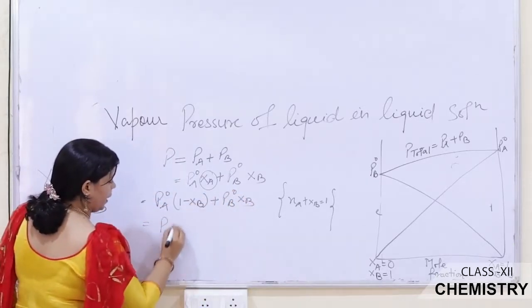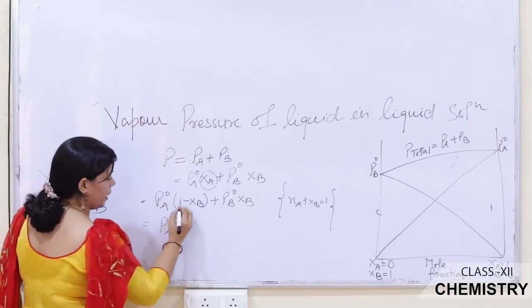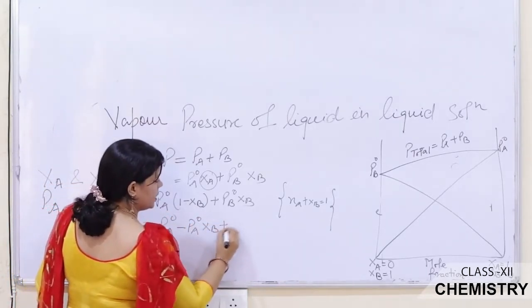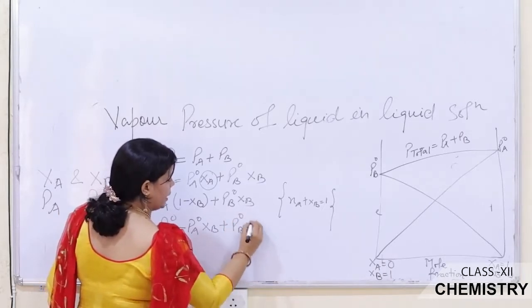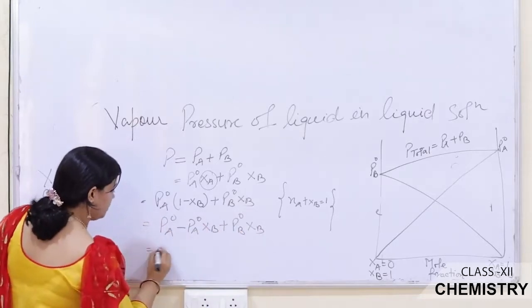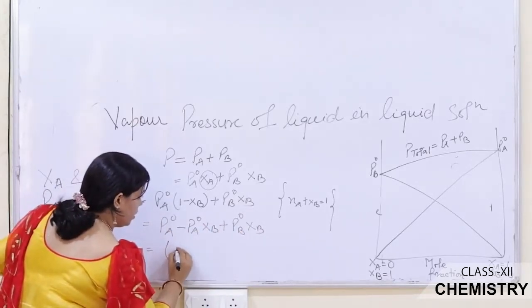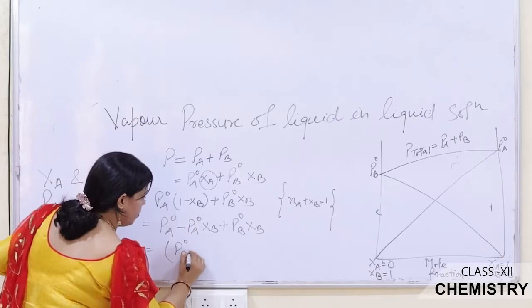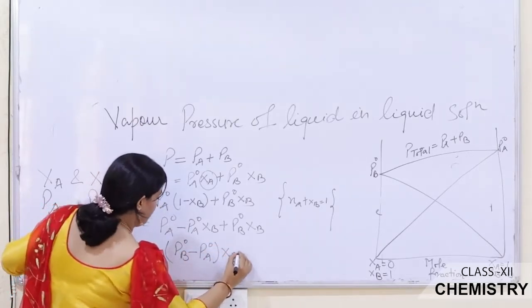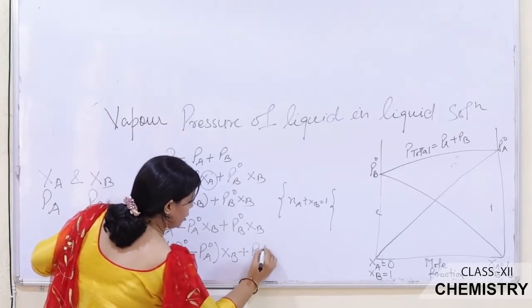Multiplying out, Pa naught minus Pa naught Xb plus Pb naught Xb. In these two terms Xb is common, so we get (Pb naught minus Pa naught) Xb plus Pa naught.